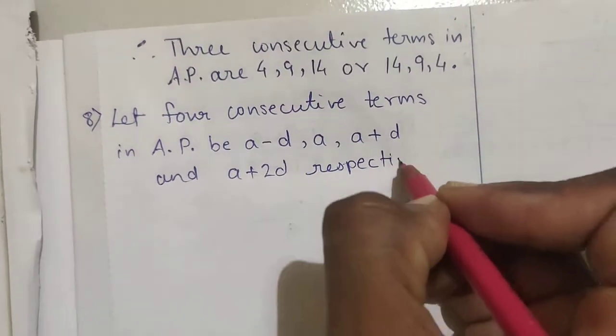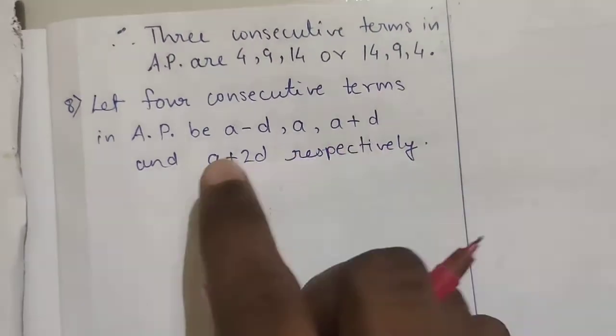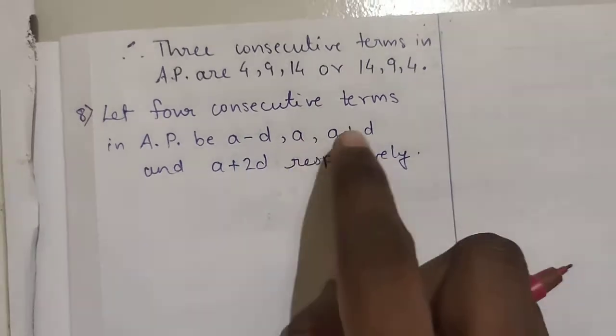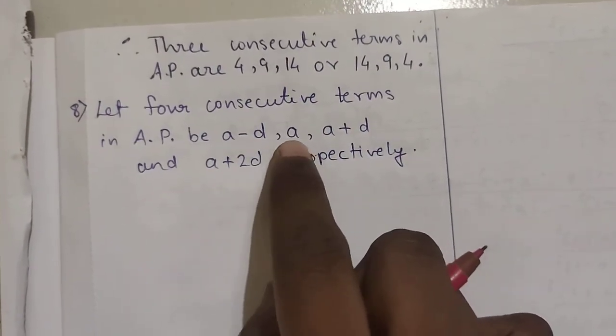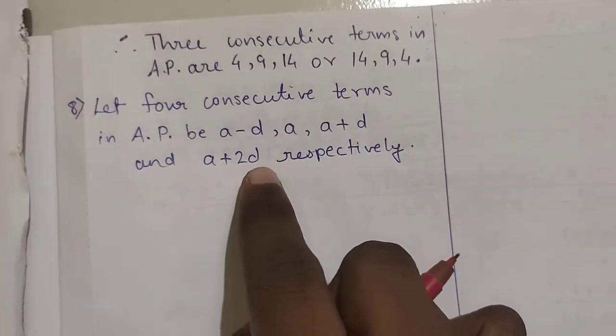Okay, so these 4 terms we have taken, right? A minus D, A plus D and A plus 2D. This is your first term, this is second, third and fourth.